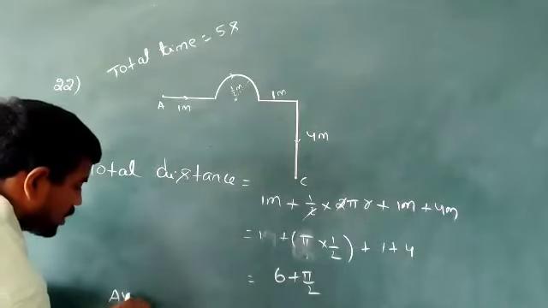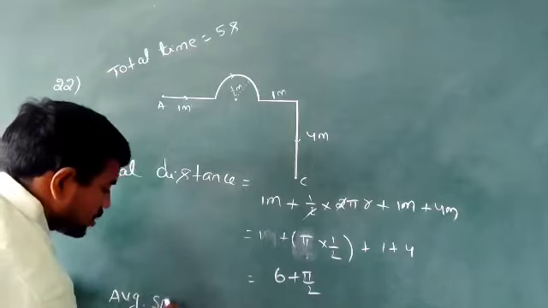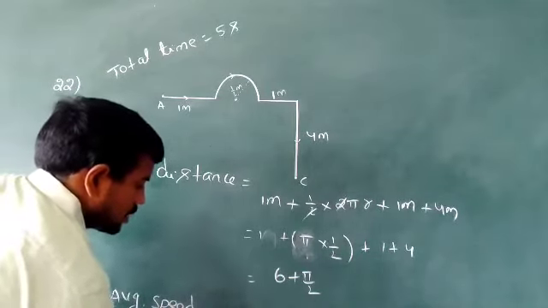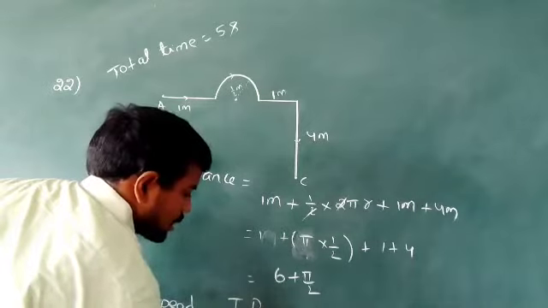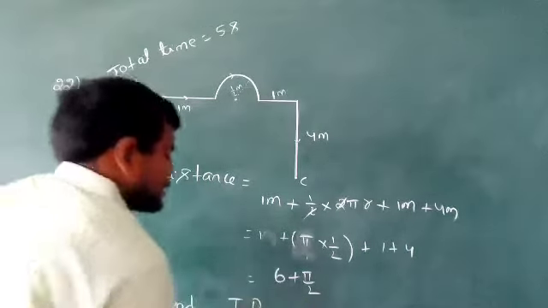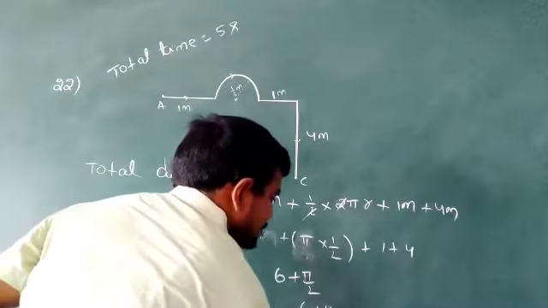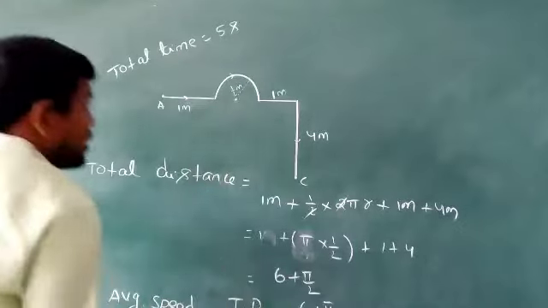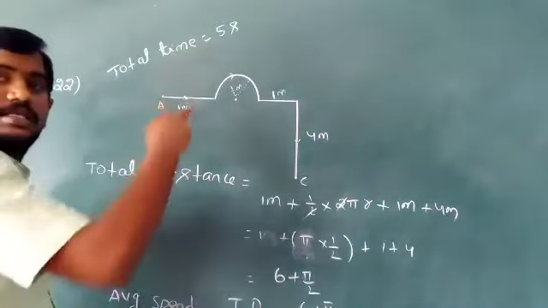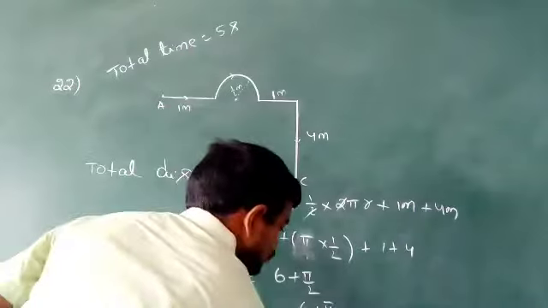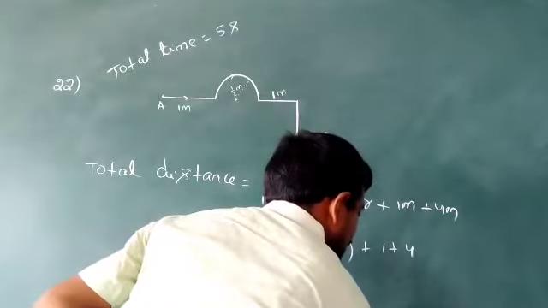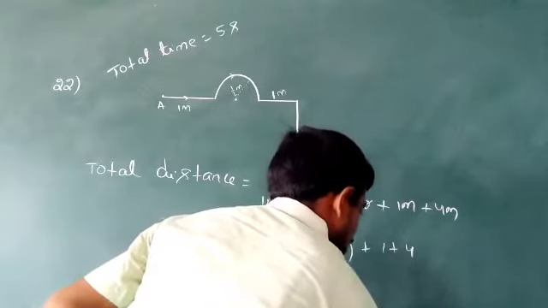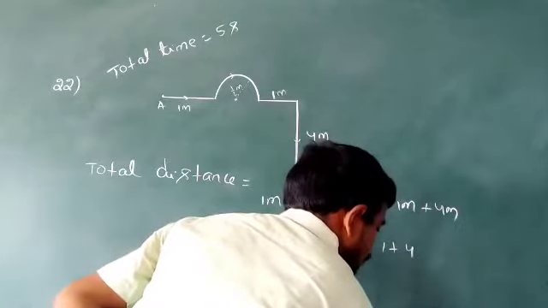Now we have to find the average speed. That is total distance traveled by the body by total time taken. The total distance traveled is given as 6 plus pi by 2, by total time, which is given to us, that is 5 seconds. So that 12 plus pi by 2 into 5.